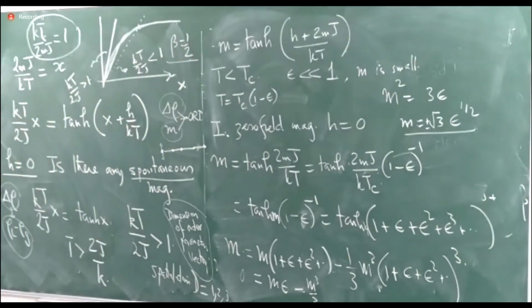When we did van der Waals, we found that beta is equal to half. And once again, I do this calculation near the critical point, just below the critical point, and you have M equal to root 3 times epsilon to the power half.